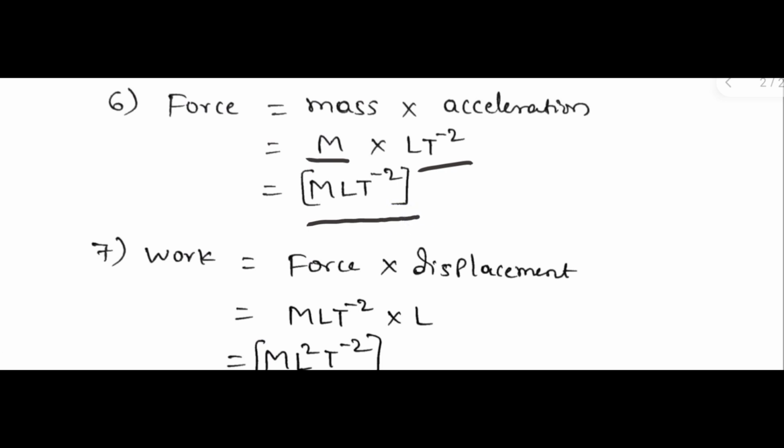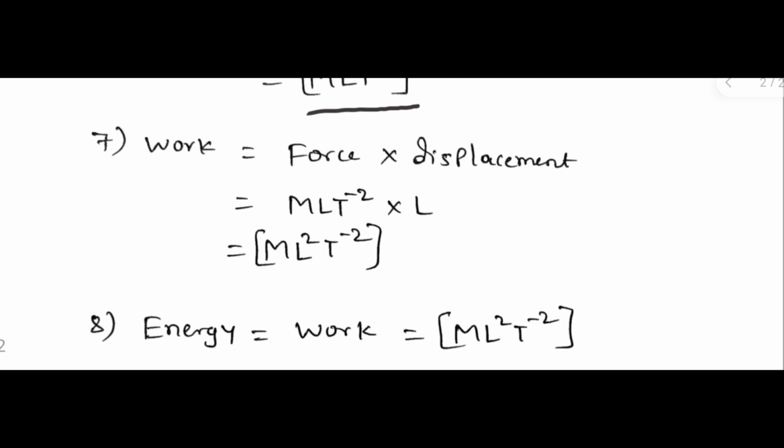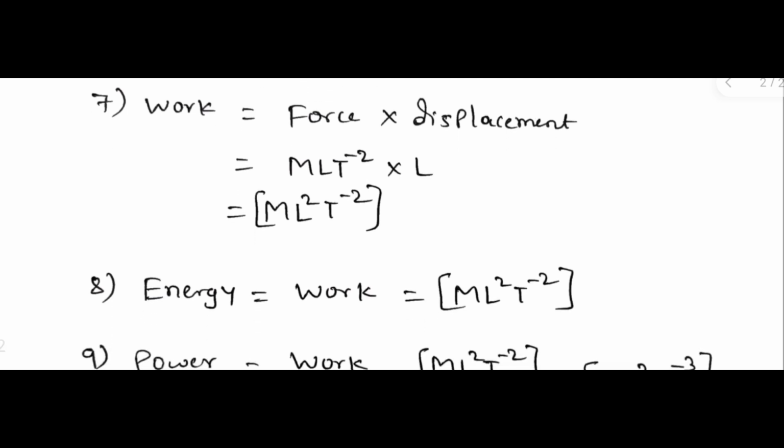Next one, work. Work is also a physical quantity here. Force into displacement is the formula of work. Okay. Force acting on a body and that body covers certain displacement, means from initial position to some other position, the body gets displaced. For displacing the object we are doing the work on that body. Force into displacement.